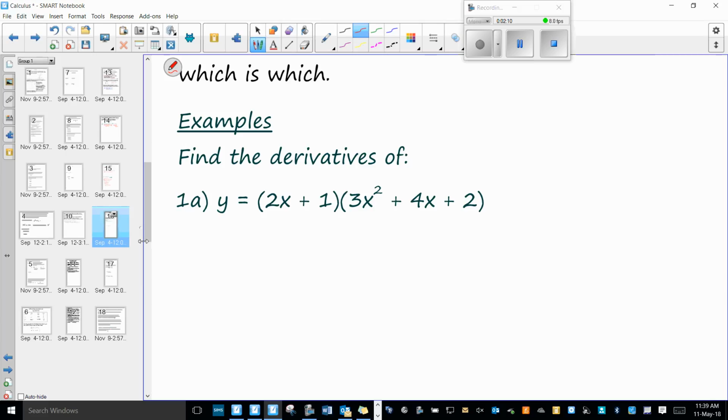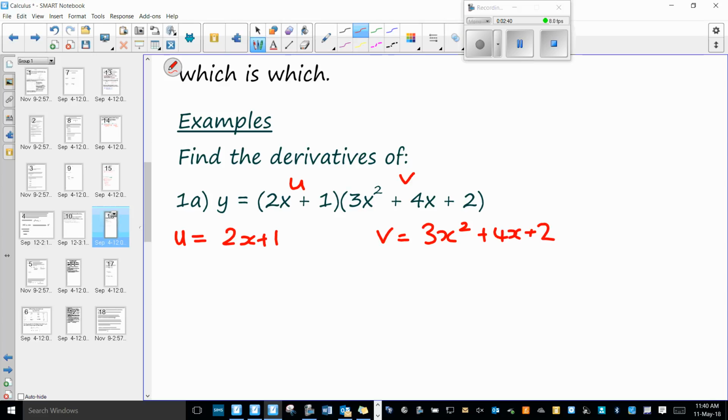Okay, I'm going to call this first bracket u, and I'm going to call this second one v. It is unfortunate that u and v can look quite similar in people's writing, and I do apologise, but that's what they've chosen. So what I'm going to say is u equals 2x plus 1, v equals 3x squared plus 4x plus 2.